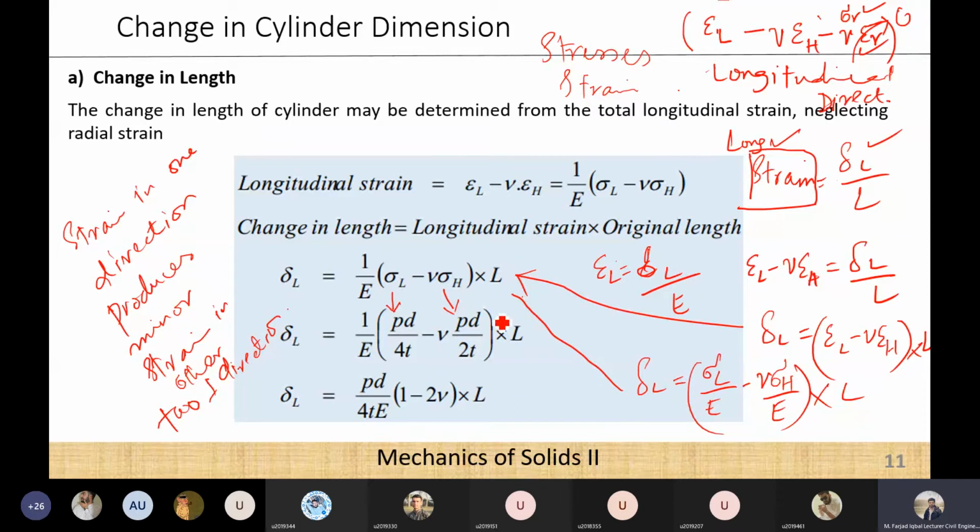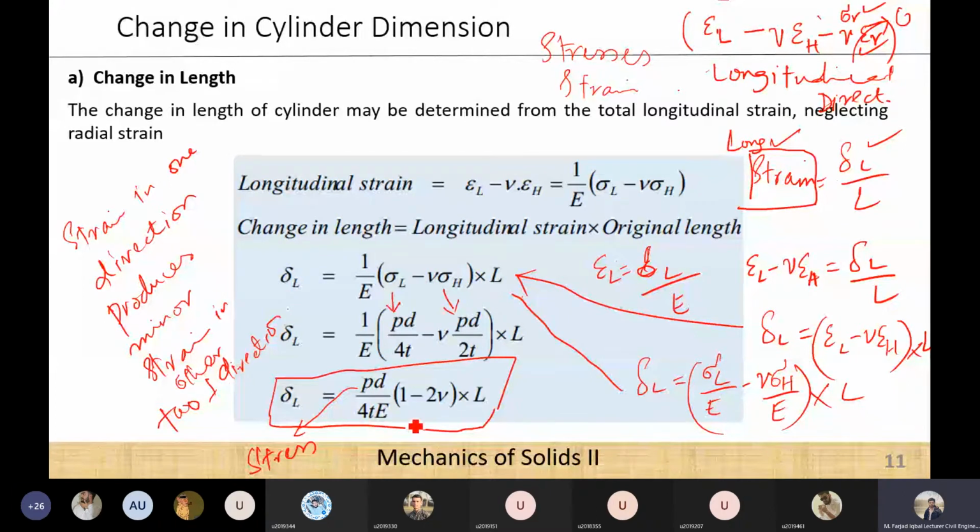Now you can see in this expression we have correlated the change in length with the internal stress, which is the factor of the fluid present in the cylindrical element, and all other factors are the material properties. For example, this length, this nu, this diameter, thickness, and modulus of elasticity are material properties.